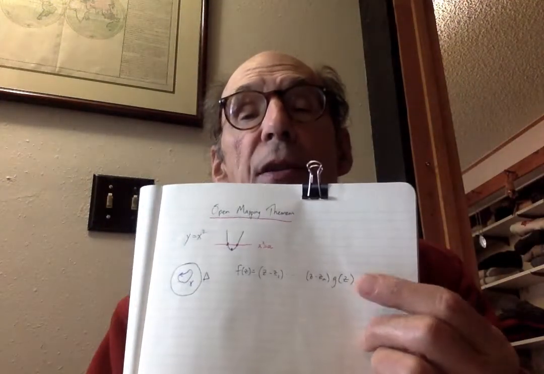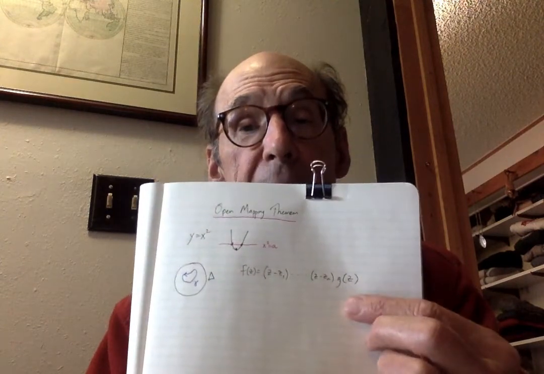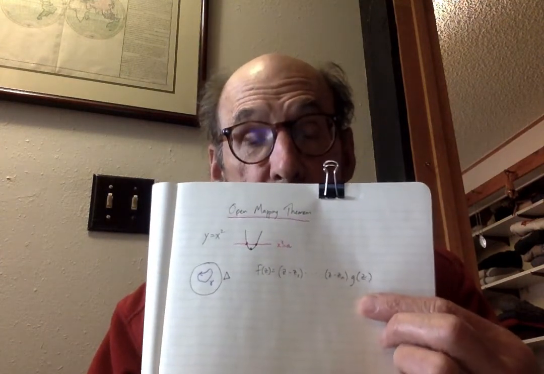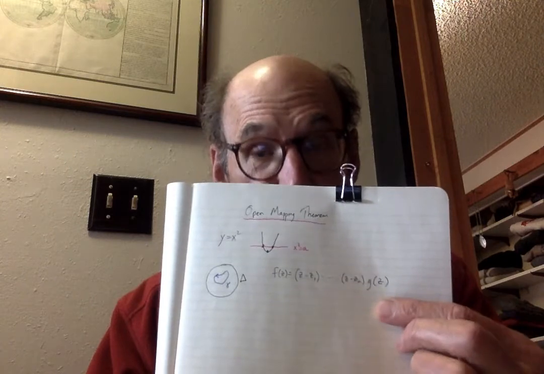as, well, it has a bunch of zeros. So there's going to be z minus z1, and let's say there are n zeros, n roots, so z minus zn, times some function g of z. And this function g of z is non-zero and analytic. It's really important that it's non-zero because in a second it's going to be on the bottom.